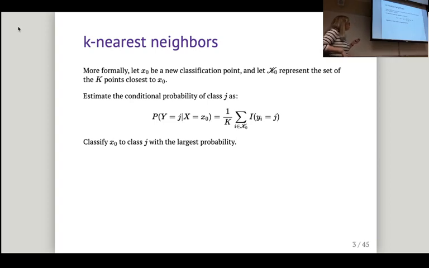We'll come up with the probability that our output Y is in class j, given that the inputs are at a particular location, just by counting up how many of the nearby neighbors fall into each class. Whichever one of these has the largest probability, that's how we'll make the classification. If we're in the situation where there is a tie, we'll choose at random between the ties.